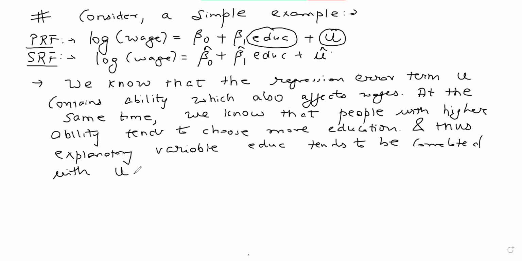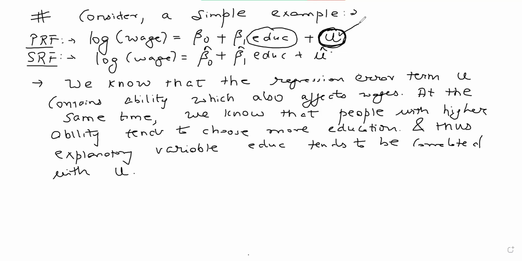So you can clearly see that education is no longer an exogenous variable. It is an endogenous variable, because education is dependent on ability, and ability is not captured in the model. So ability becomes a part of my regression error term u. So this u contains ability, and education tends to be correlated with ability. So education is correlated with u.